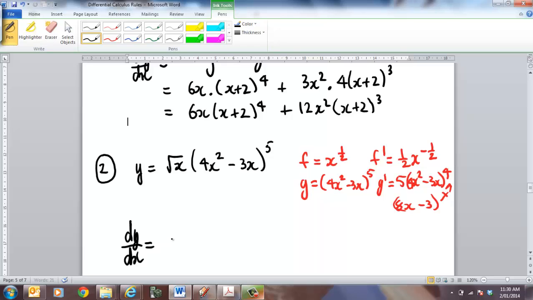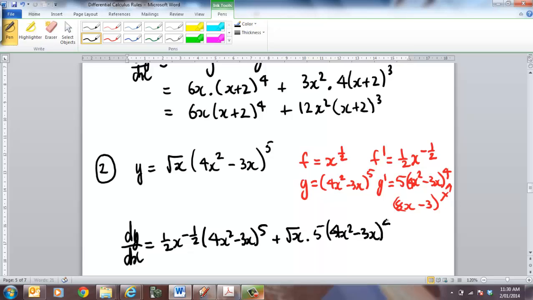So you can say that's equal to a half x to the minus a half times by g, which is (4x squared take 3x) to the power of 5, plus f, which is root x, times by g dash, which is equal to 5 (4x squared take 3x) to the power of 4 times by what's inside the bracket again, so that's going to become 8x take 3. And that is my differentiation of all of that.